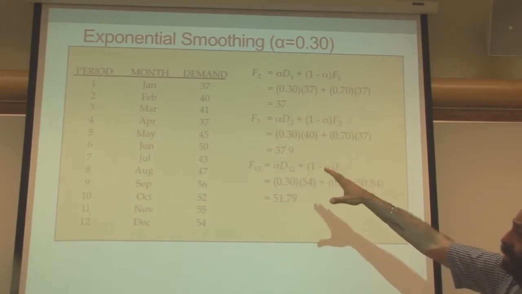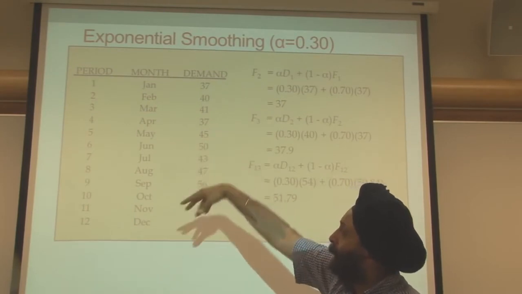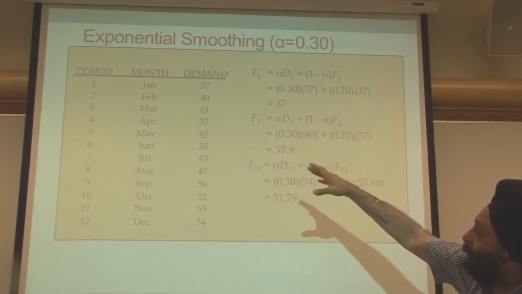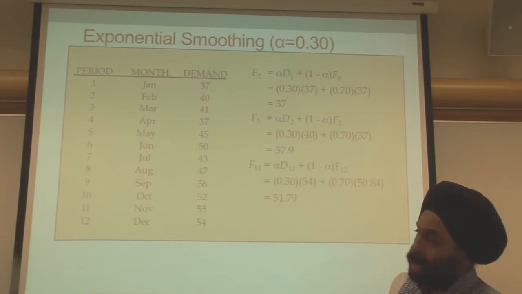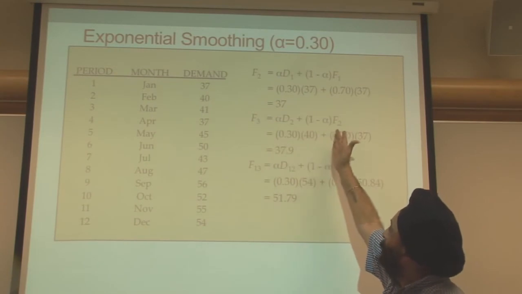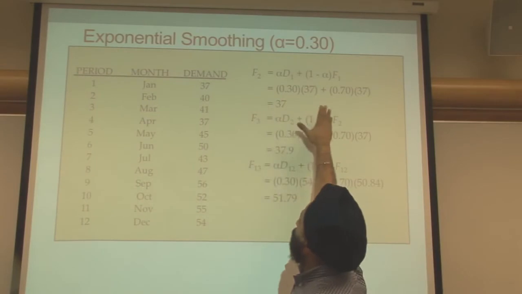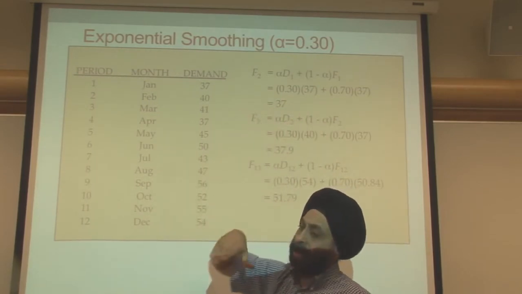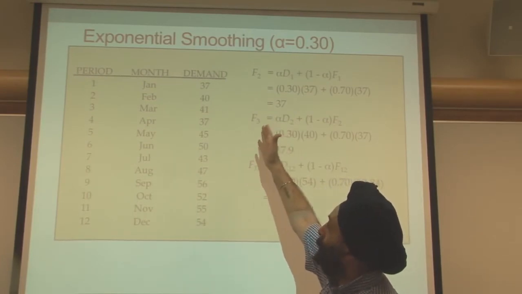Now, taking our same example of the 12-month yearly data of orders, the demands are given to you. If you decide to use alpha of 0.3, you can easily calculate the information. One thing you'll notice is that in order to calculate F2, we still need F1, the forecast for period 1.